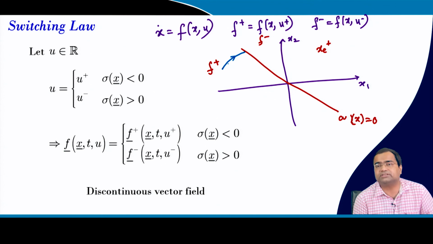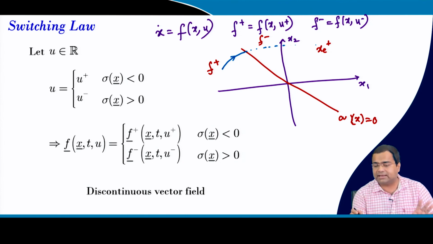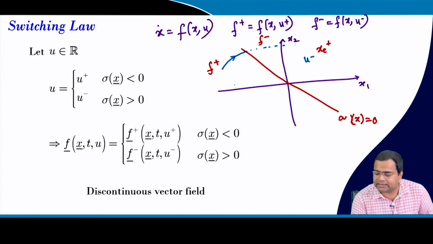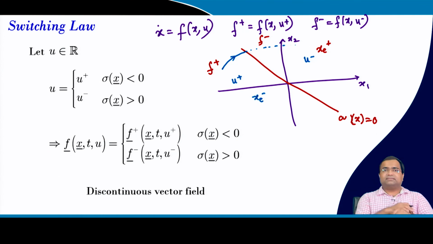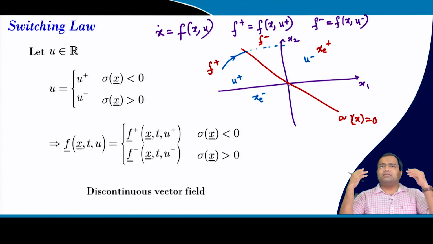It should go towards this, because it is trying to go towards the equilibrium point, but it cannot, because there is a switching line which divides the switching law: here you have u minus, here you have u plus. For f minus you will have x e minus on this side. So this is a discontinuous vector field, particularly towards the switching surface, where either side you have a discontinuous vector field.